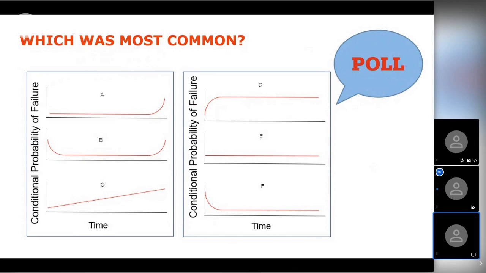For those of you who can see, we have an event polls tab. If you'd like to click into that, you should be able to type in your result on either A, B, C, D, E, or F. So put it into the polls tab, please.